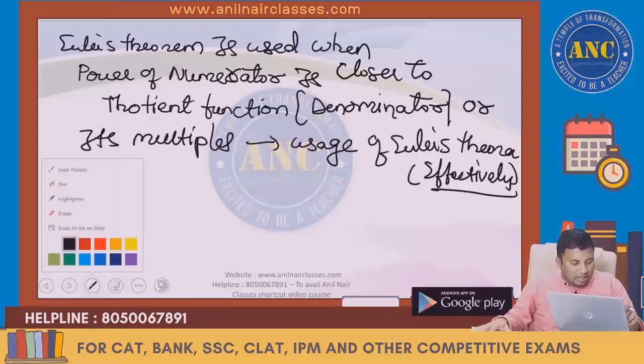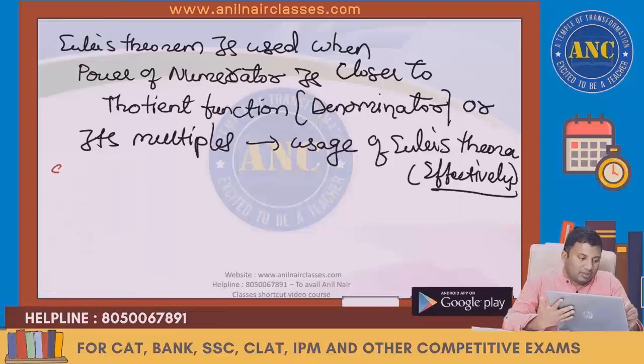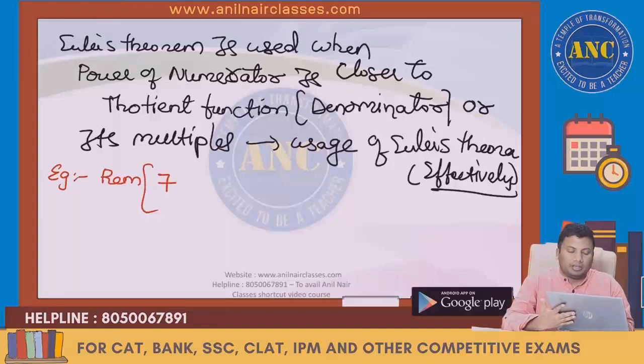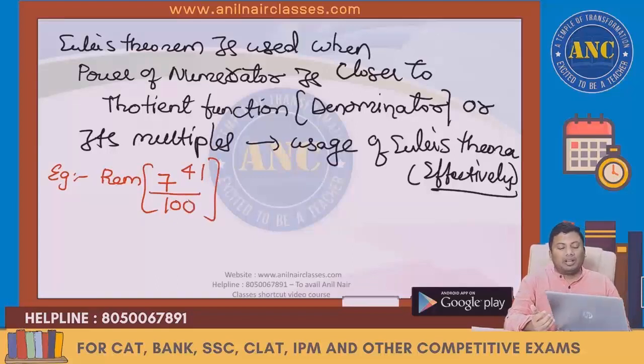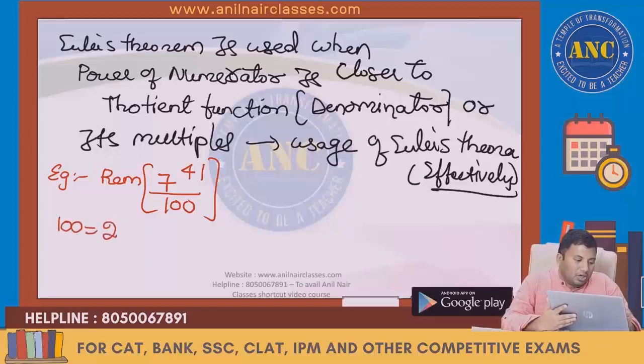I will take two examples so that it will be clear for you. Remainder of 7 power 41 divided by 100. 100 is nothing but 2 square into 5 square.